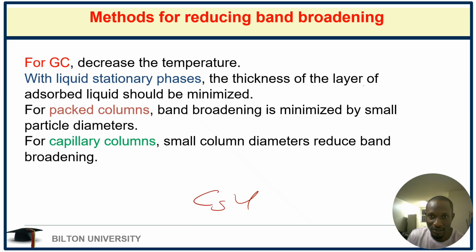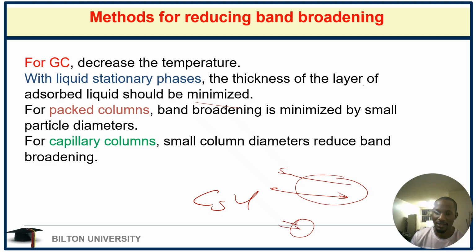If you imagine the analyte has to travel from here until here and then come back, and if you have a very small thickness, it will spend less time in B unlike in A. So for liquid stationary phases, make sure that you reduce the thickness of this layer so that you can minimize band broadening. But if it is big, then you are going to increase band broadening.